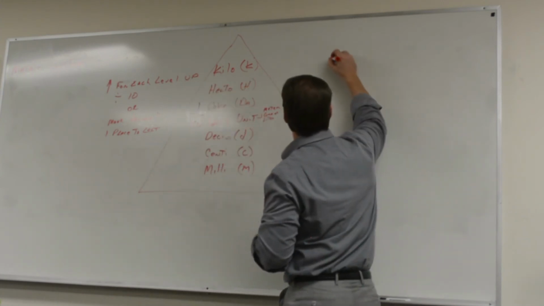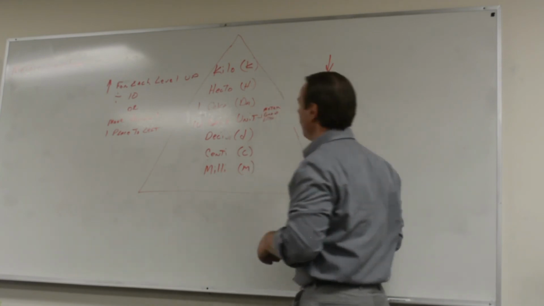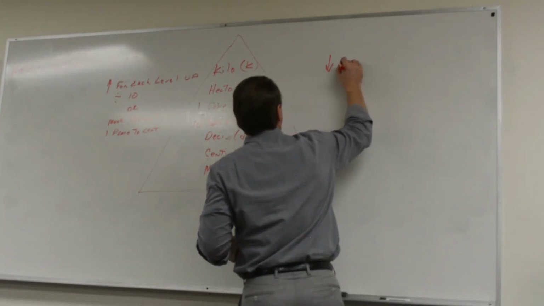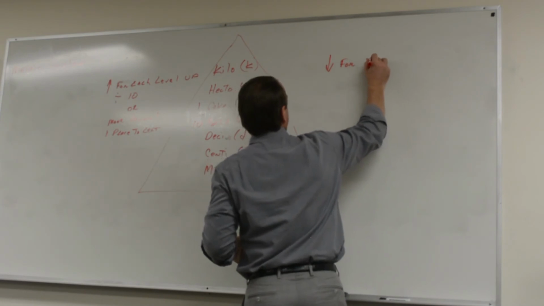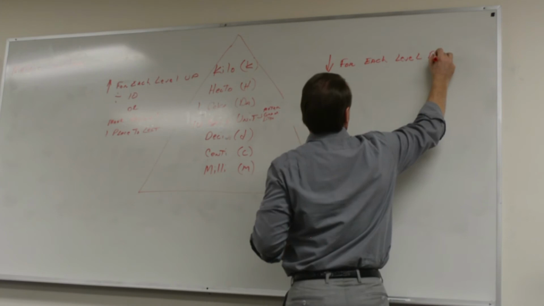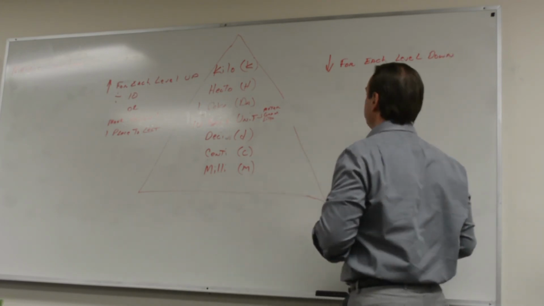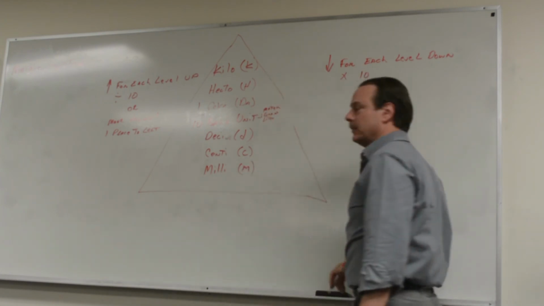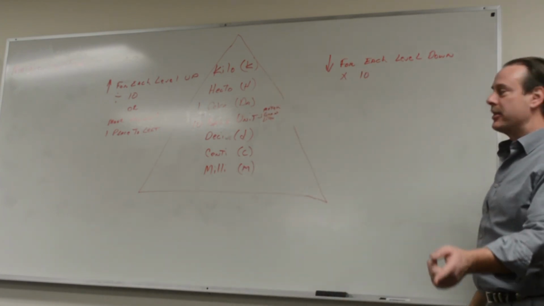All right. Over here, we're going to go down. We're going down the scale. So for each level down, multiply by 10. Does that make sense?